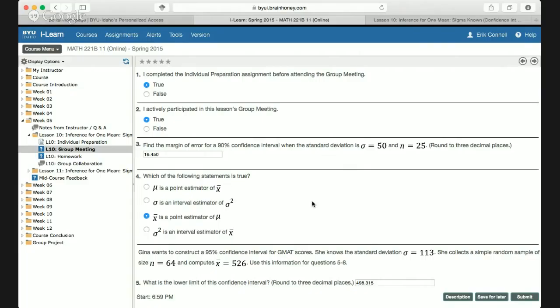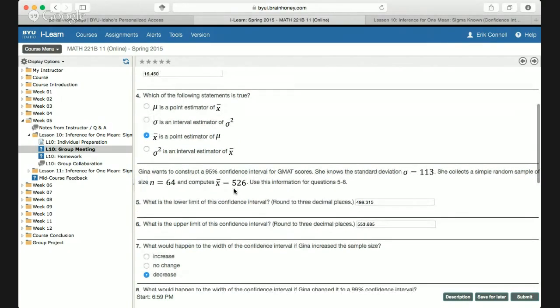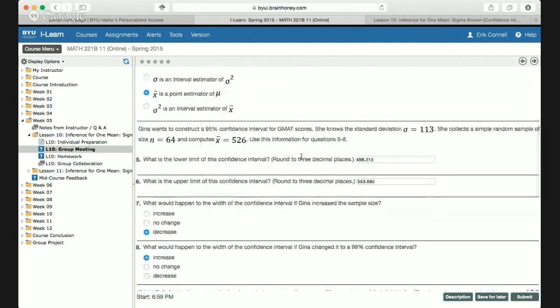Yeah, exactly. Okay. 4, X bar is the point estimator of mu. 5, 498.315. 6, 553.685.